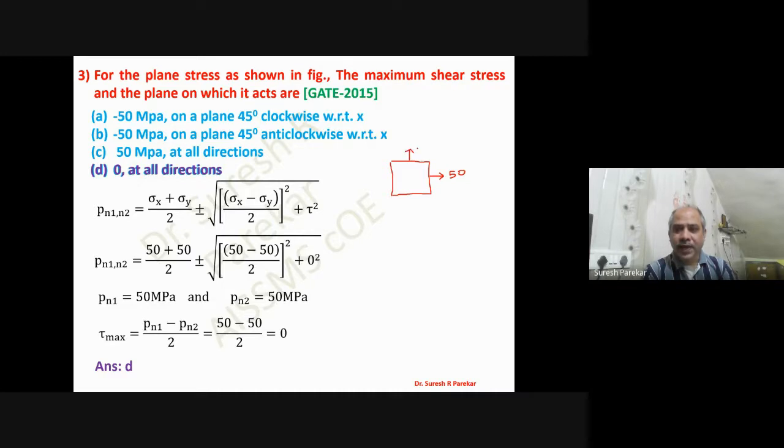So we need not calculate principal stresses, as shear stress is not there. Automatically this becomes sigma 1 and this becomes sigma 2, and therefore we get the value equal to 0 in all directions. So this diagram is given.